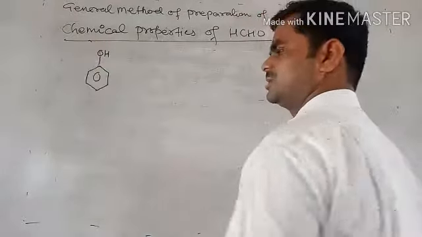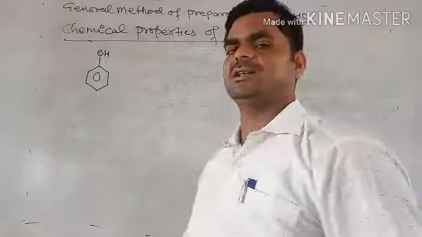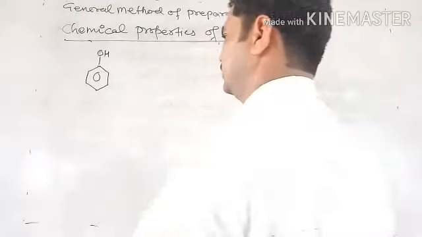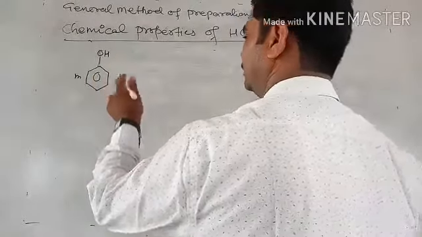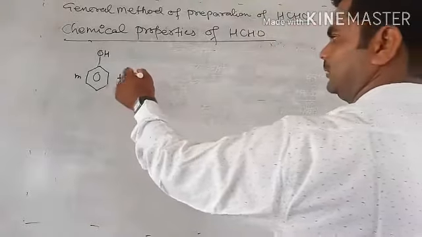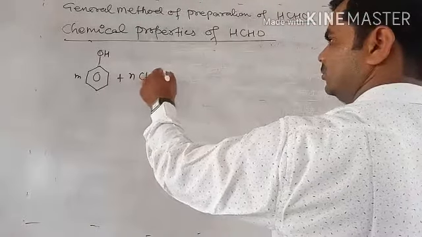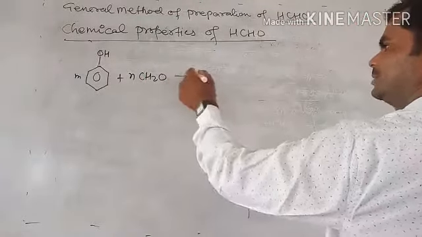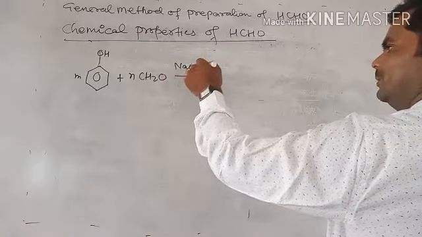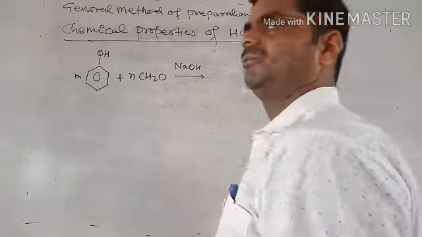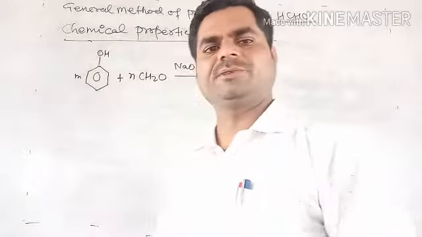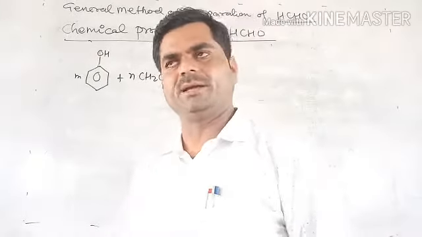Due to the acidic nature of phenol, it is also called carbolic acid. This phenol reacts with CH2O, it means formaldehyde, in presence of NaOH, to form bakelite.